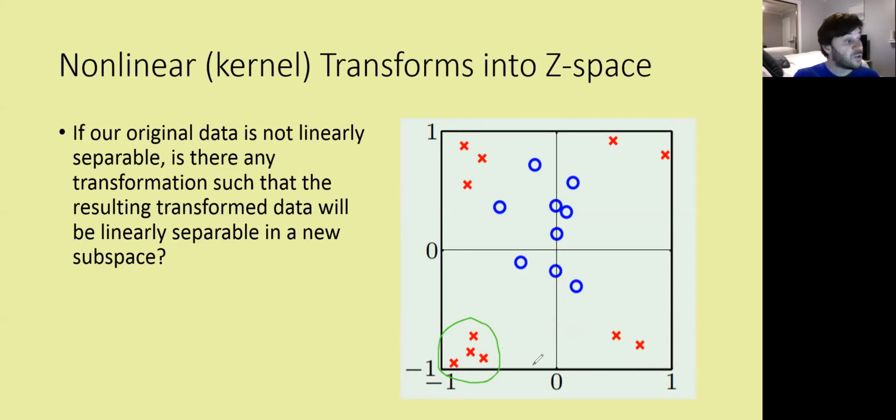Well, what happens when I square the x1 coordinate and the x2 coordinate? They're going to become positive, which means those data points are going to move from this quadrant up here into this quadrant. They're going to become data points with positive x1 and x2 coordinates. After we square them, the transformed coordinates will be positive.